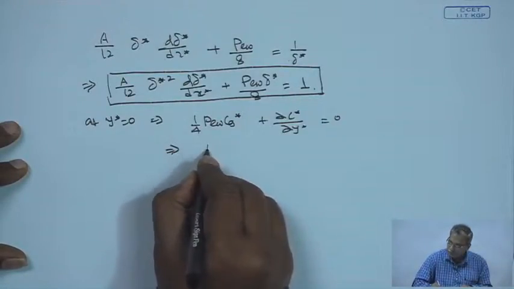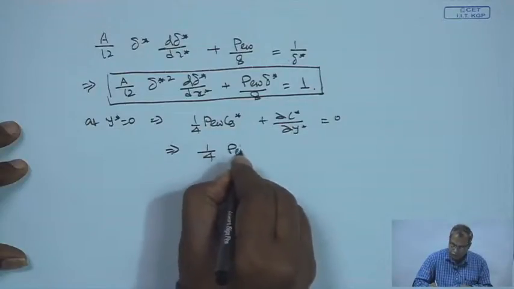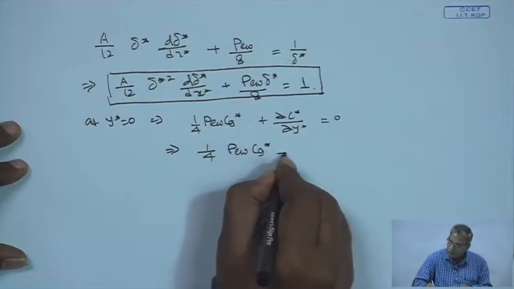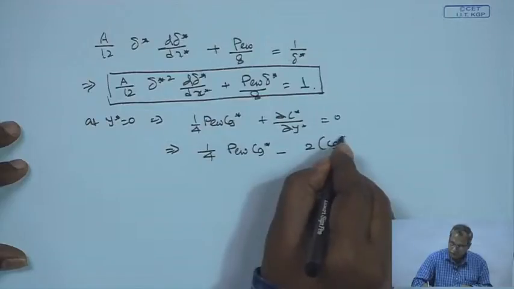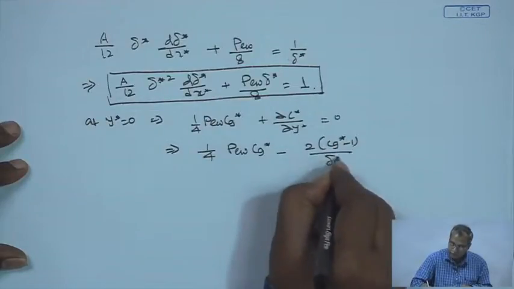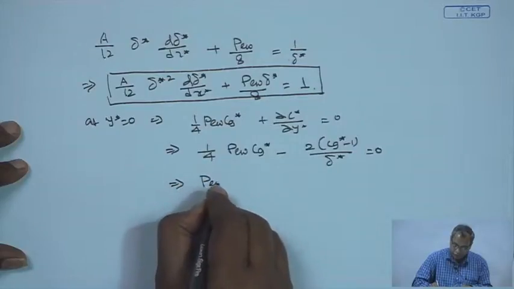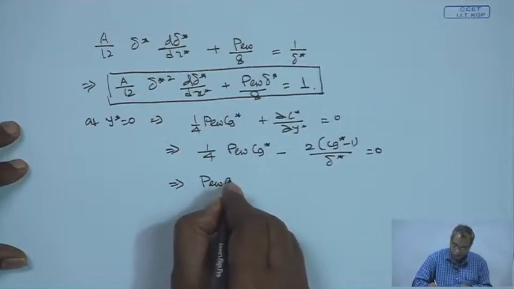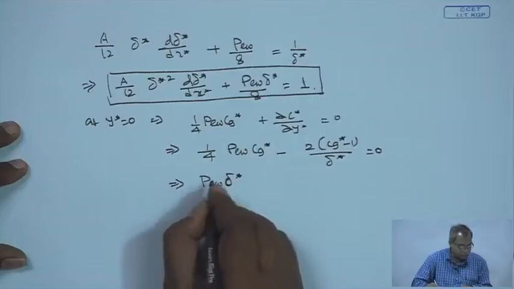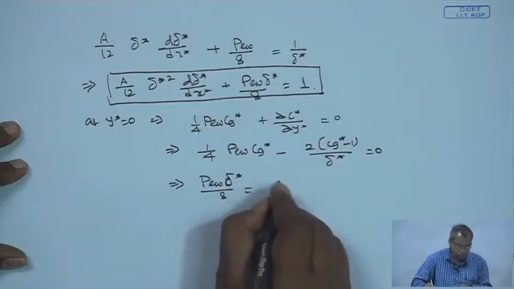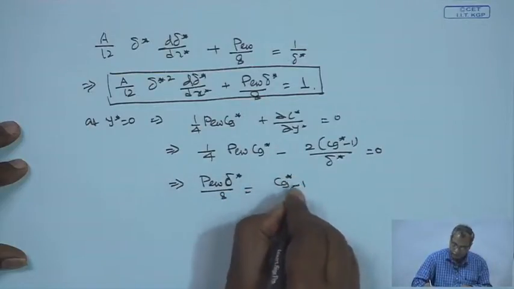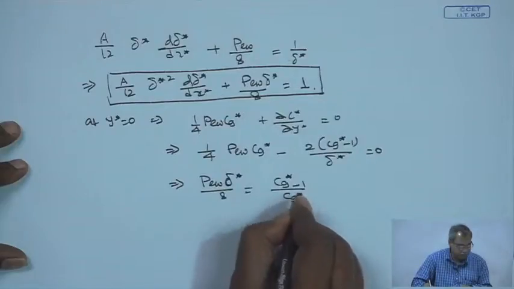So, this becomes 1 by 4 P w C g star minus 2 C g star minus 1 by del star will be equal to 0, and ultimately you will be getting P w del star by 8 is equal to C g star minus 1 divided by C g star.